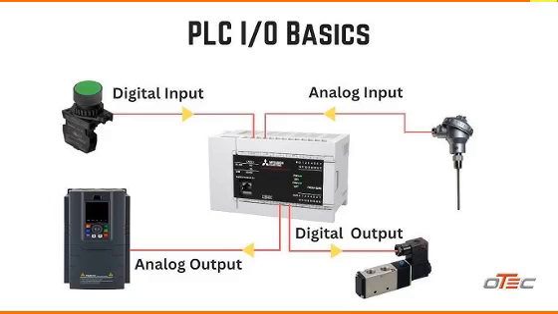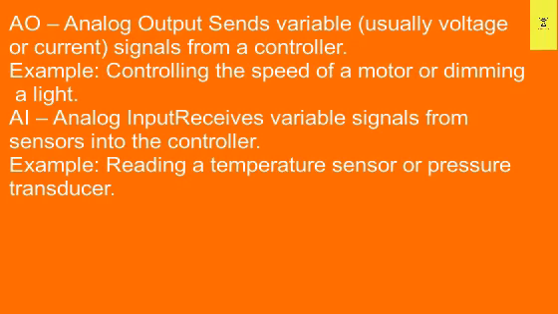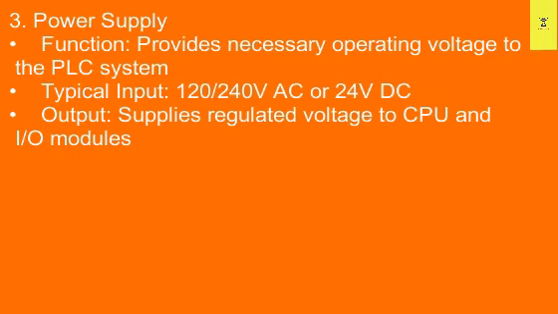If it is an analog input, it is written AI. If it is a digital input, it is DI. If it is a digital output, it is DO. So it is very understandable. Every device has the marking, so you have to read the marking to ensure the terminals when you are going to connect.